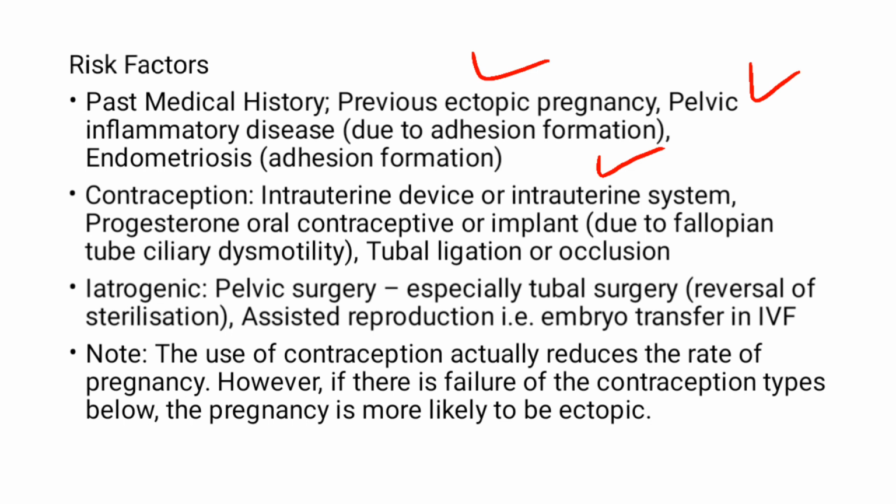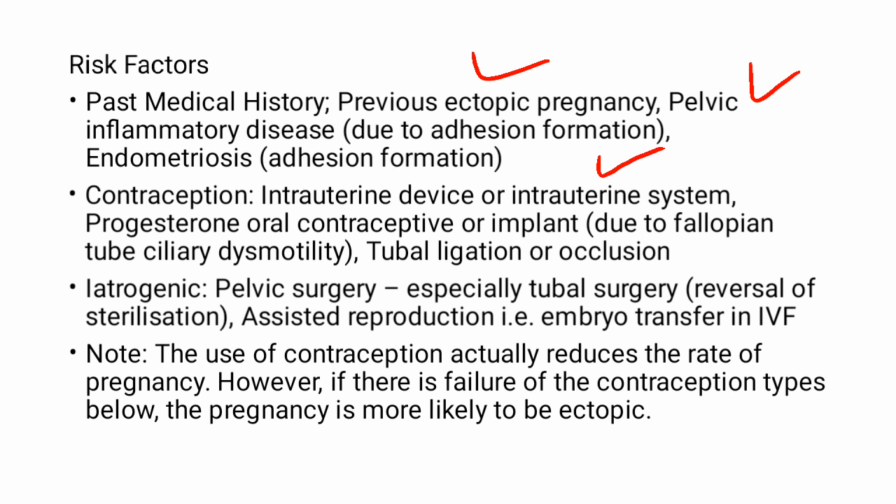Then you also have to note that the use of contraception actually reduces the rate of pregnancy. However, if there is failure of the contraception types, then the pregnancy is more likely to be ectopic.